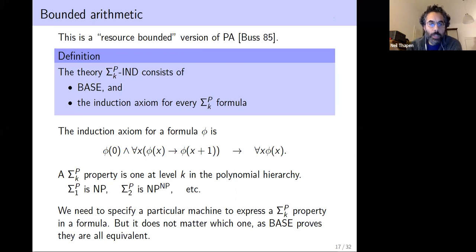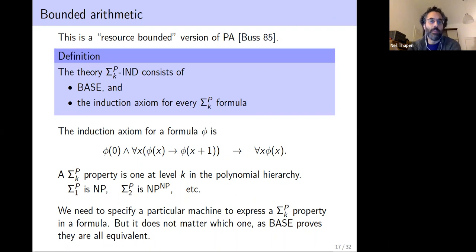One usually has to be a bit careful: the properties are kind of semantic and the formula has to be syntactic. So a formula should really specify which particular machine you're talking about, which has your property. But in this case, we have this base theory available, which just says that if two machines calculate the same polynomial time set, then the theory proves they're the same.